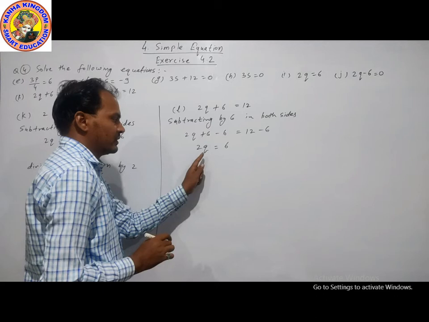Taking next question, B. 5t plus 28 is equal to 10. This is our equation. Multiply and plus. First of all, we will attend to the plus, so we will minus.